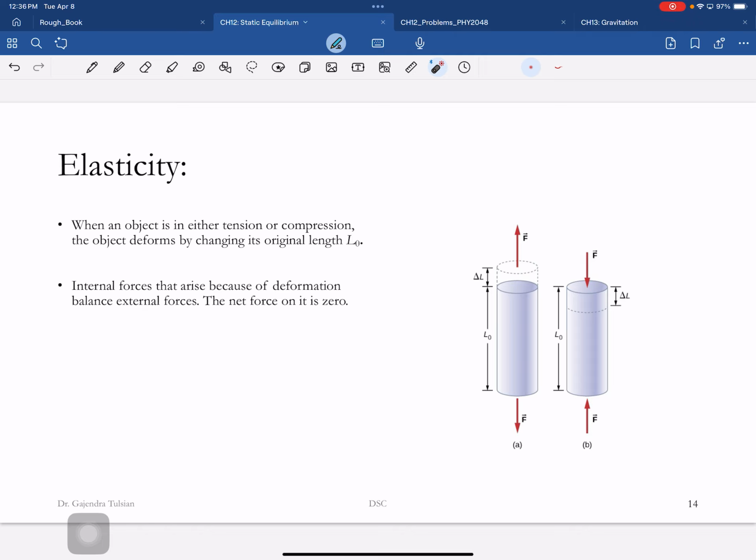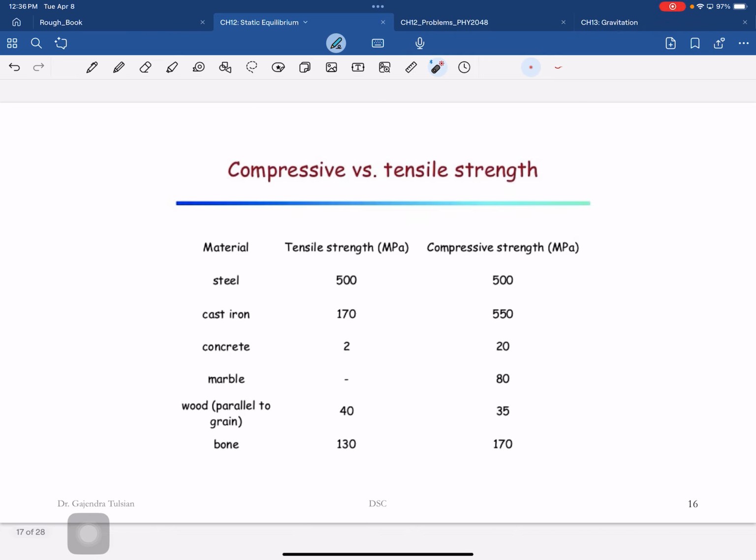Let me show you a table. So concrete, this is the compressive and tensile strength. The strength meaning what kind of forces will break it. Look at this, concrete is 10 times stronger under compressive forces. Cast iron is 3 times stronger.